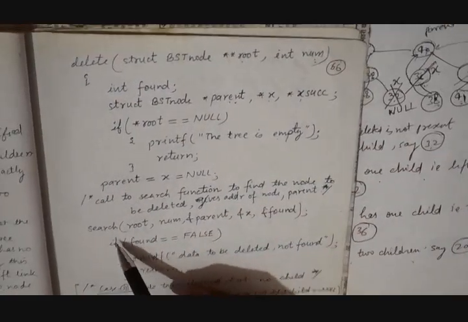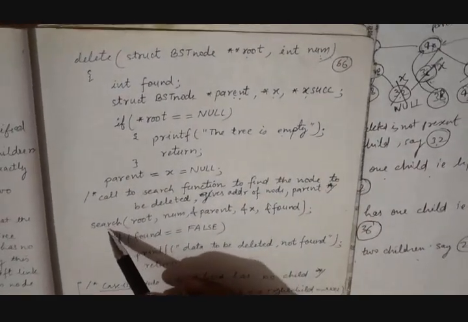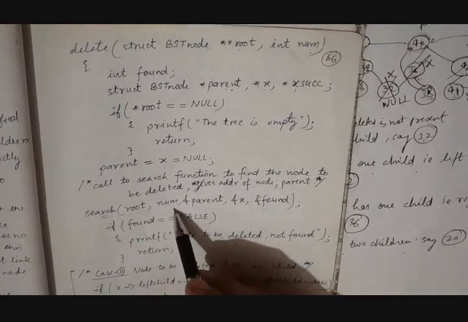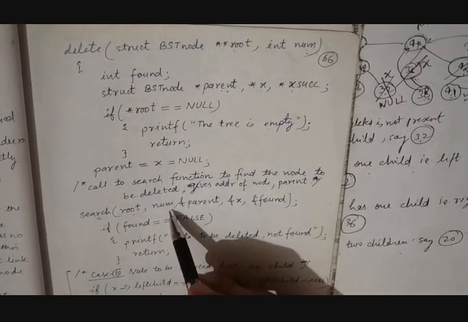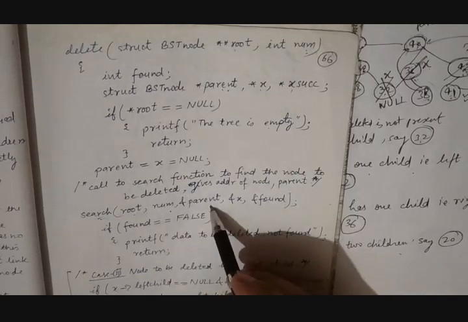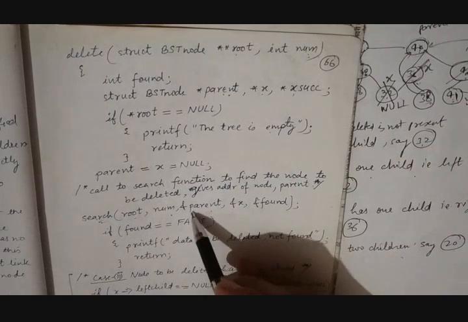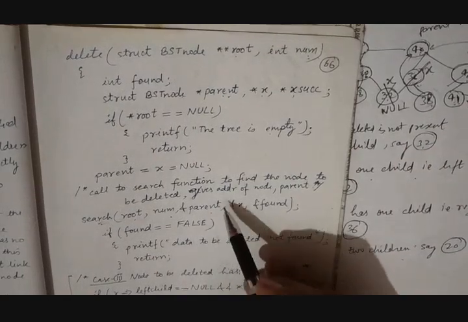Now we are calling a search function. Why are we calling a search function? In this search function we are passing root and number, which node we want to search out so that we can delete it, and we are also passing the parent parameter. Initially it will be empty.